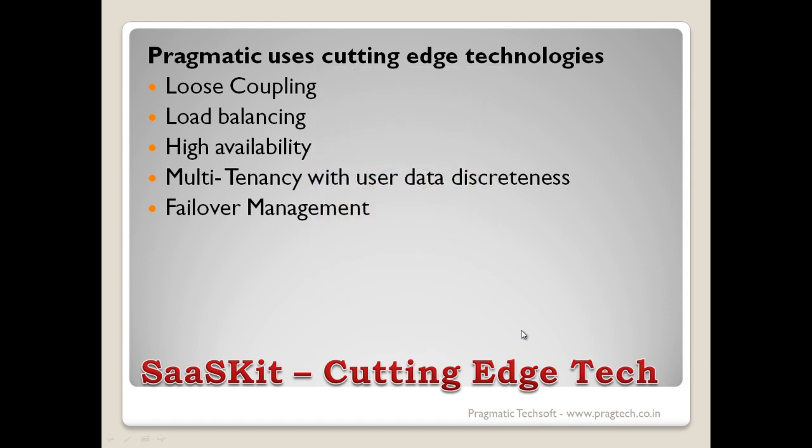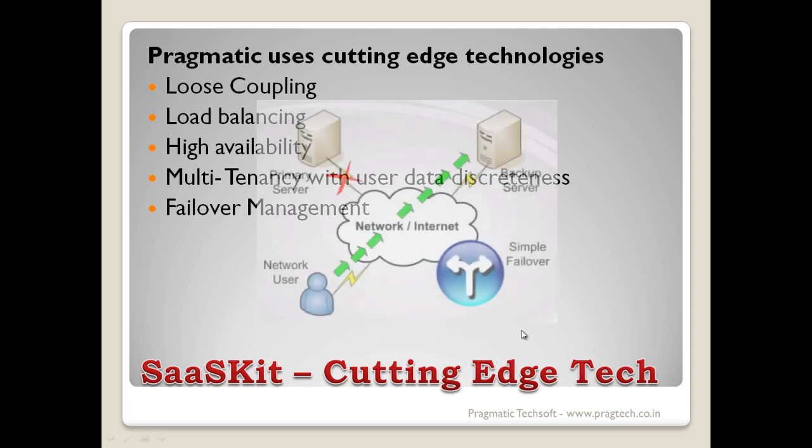Multi-tenancy is another concern when it comes to SaaS. So in a multi-tenant environment, we make sure that the user data is discrete. Every user would have their data as separate entities without mixing with any other user's data. So it becomes easy for people to manage their database, and to be very safe about the user data, which is highly confidential.